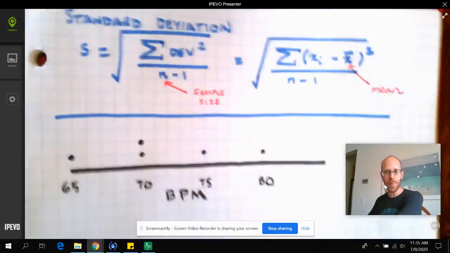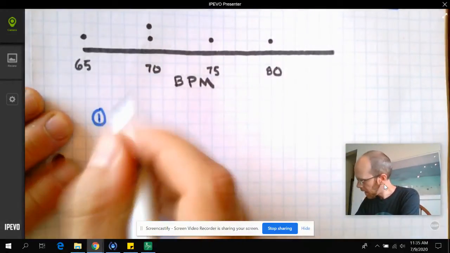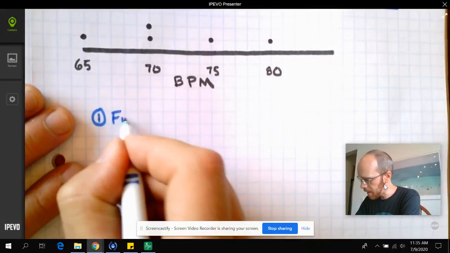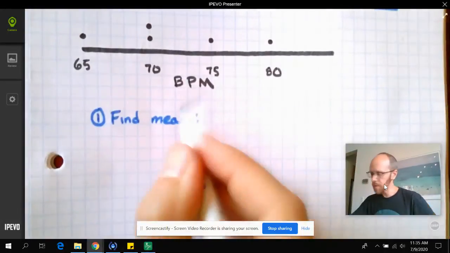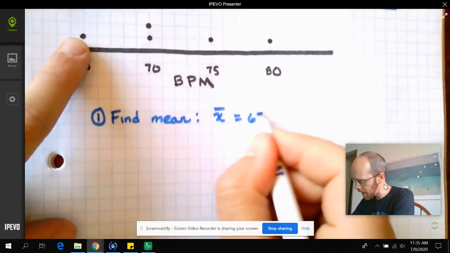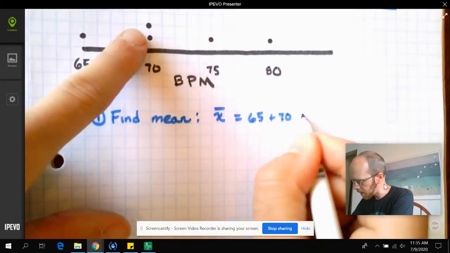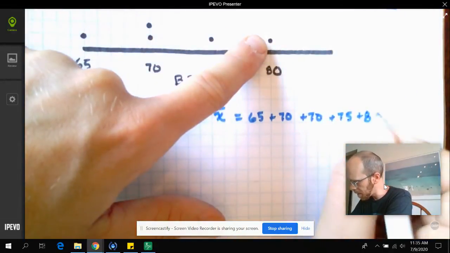Okay, it's a 3-step process. Here we go. Step 1 is you need to find the mean of your distribution. So in the case of ours, our mean, x bar, would be equal to 65 plus 70 plus 70 plus 75 plus 80.